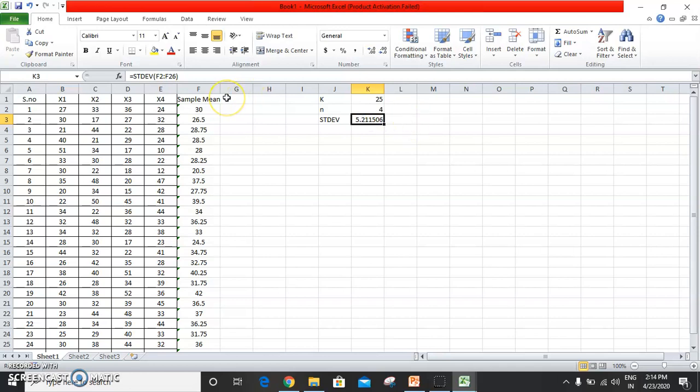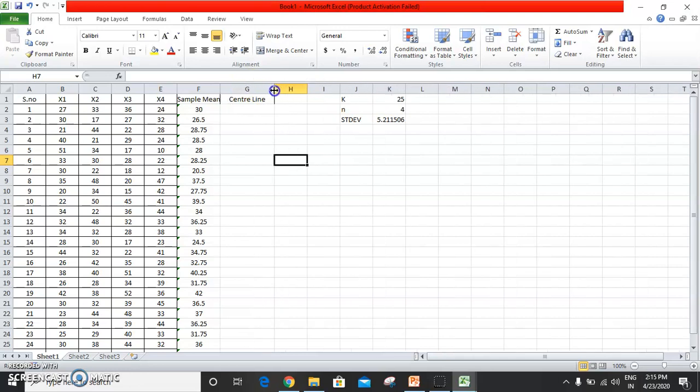Now the next step is to find out the value of x double bar, or your central line. The formula for finding the central line is the sum of the values that we have attained from the sample mean.